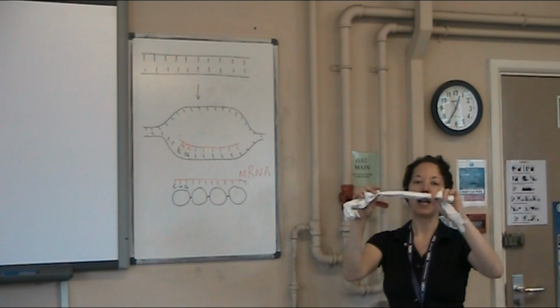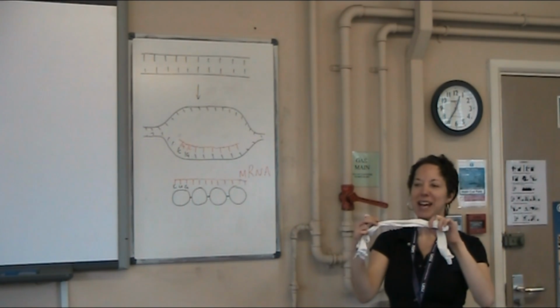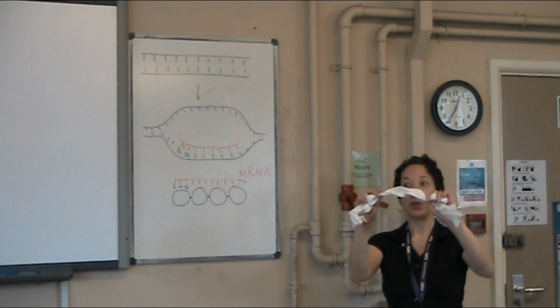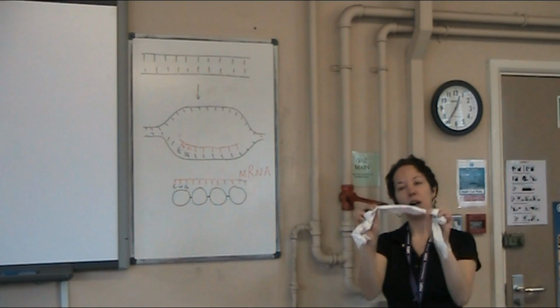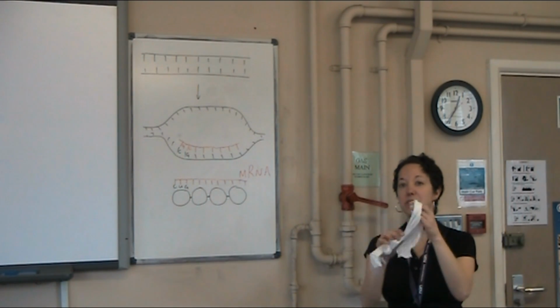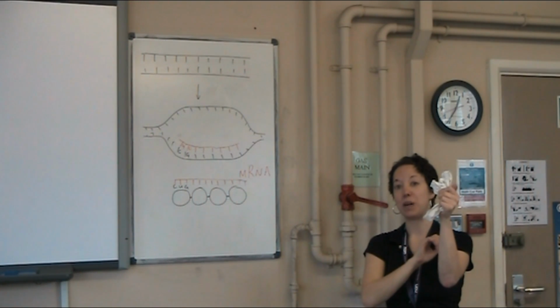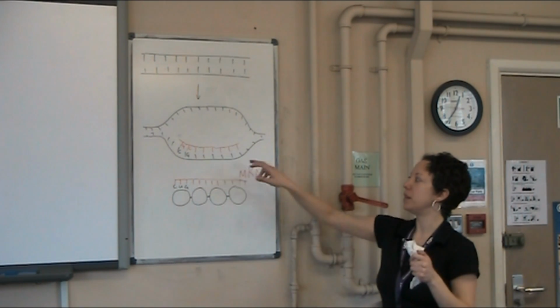In order to allow this unwinding to occur, we have certain chemicals that can add on to the DNA to stimulate it to unwind, and even certain chemicals that add on to the DNA to stop it from unwinding, so it stays coiled up and is unlikely to uncoil.